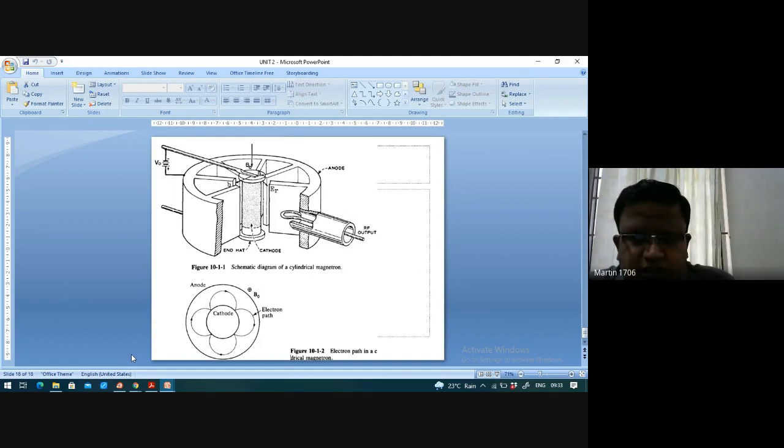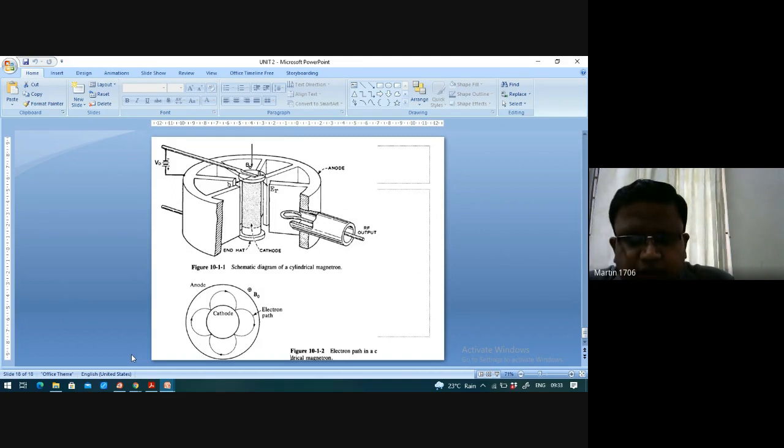You can see the magnetron wall there. The cross-sectional view has been shown. The wall has the anode polarity, while at the middle is the negative polarity, the cathode.